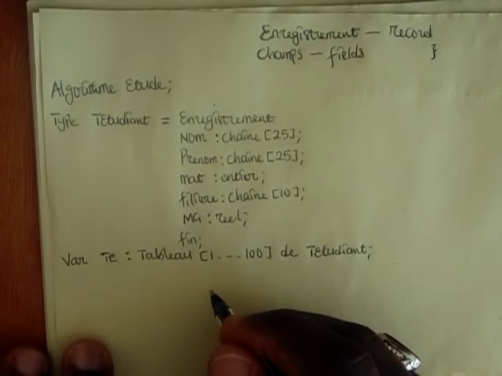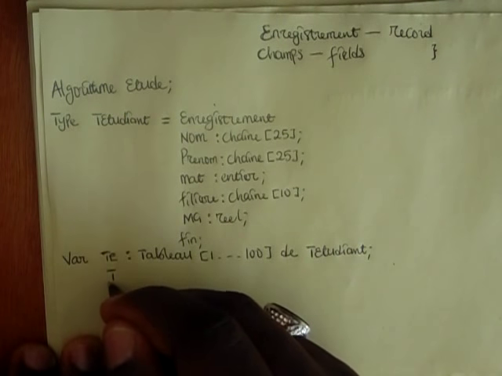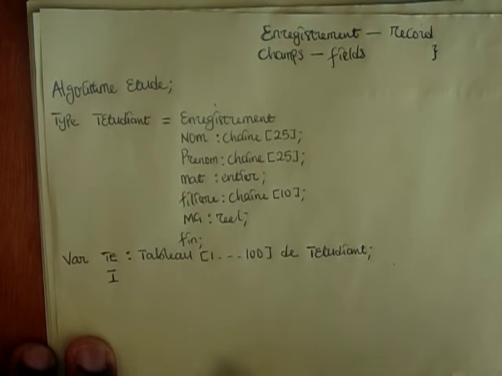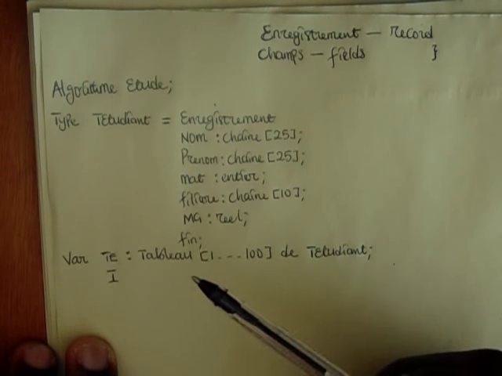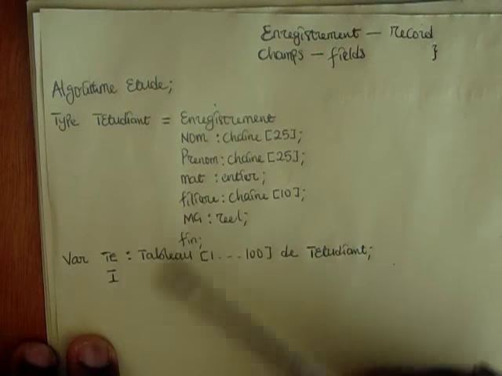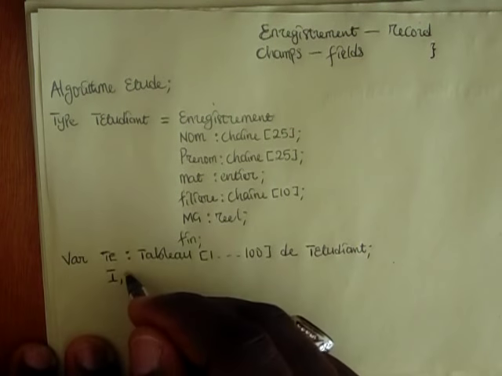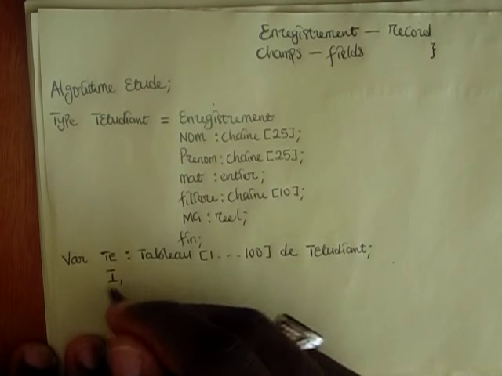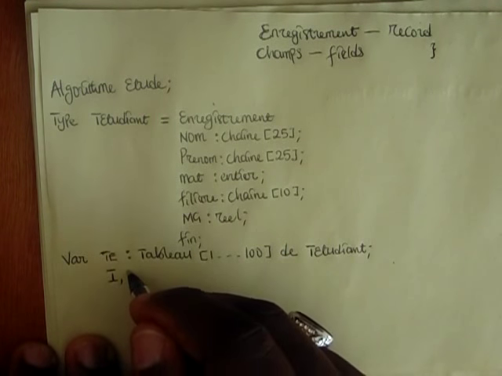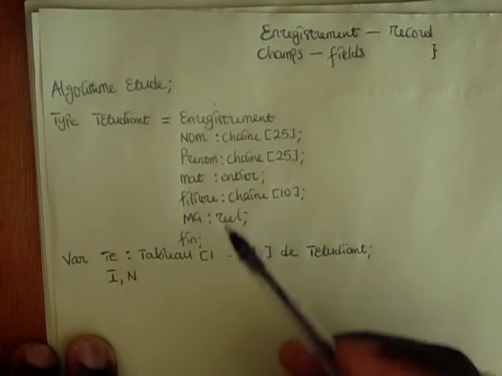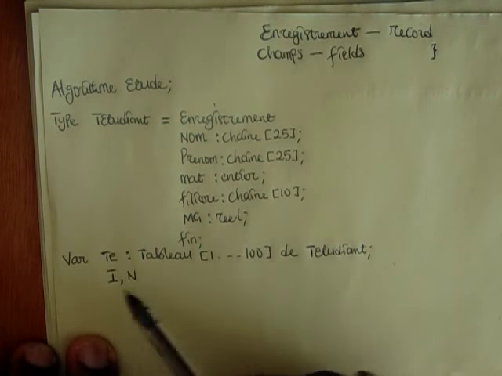Then we need a counter that would run through and do the work we ask, that is to check for each GPA and see which is bigger or smaller, and we'll know how to arrange it in a loop. So we'll have our I there, and we'll have an N. Let's say the N basically would calculate the length of the table.